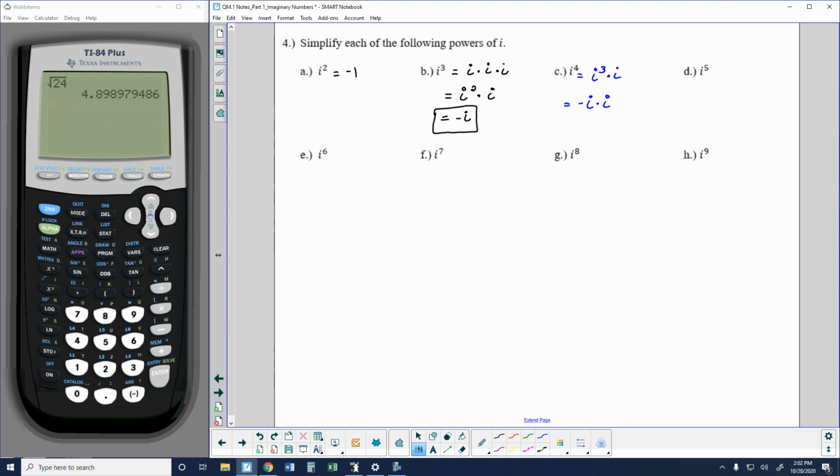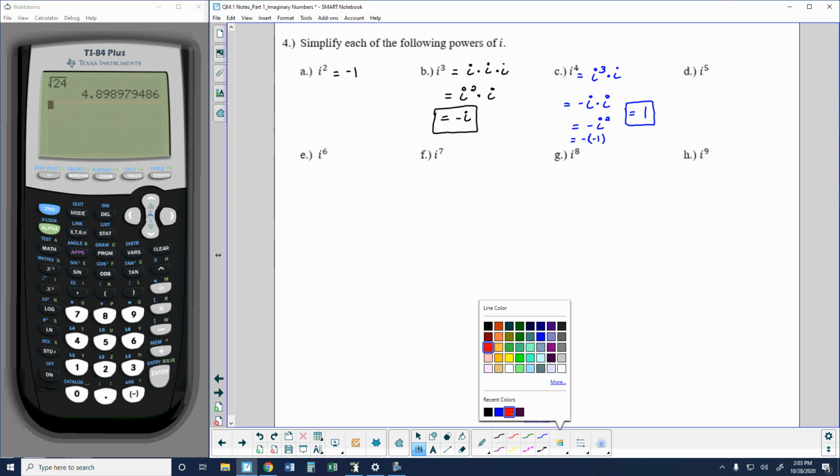So -i times i would be -i squared. Well, what's i squared? Let's go back over here. i squared is -1, so this is basically -1, which would make this +1. So i to the fourth is +1.